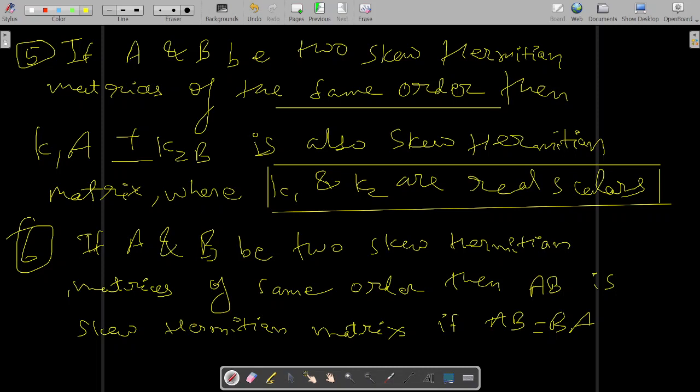If A and B commute, then these two skew Hermitian matrices of the same order will yield a product that is skew Hermitian. This also you can prove very easily, so I won't go into the proof of that.